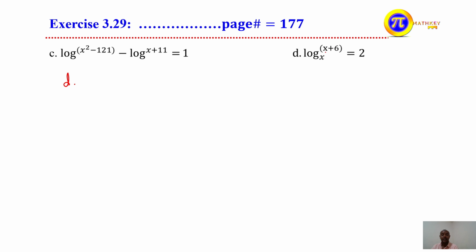Now let us consider D similarly. It says the logarithm of x plus 6 base x is equal to 2.